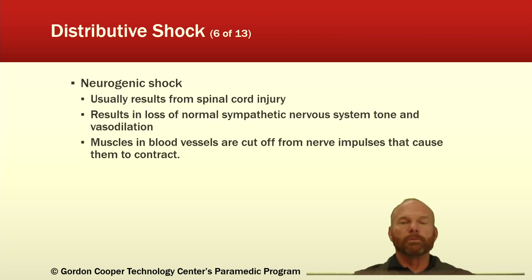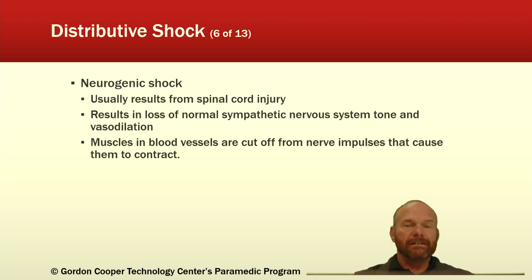So the loss of normal sympathetic nervous system tone leads to some vasodilation, and then the muscle in the walls of the blood vessels are deprived of nerve impulses, preventing that contraction. So all vessels below the level of the spinal injury dilate widely, so they just get blown out, and this dilation causes relative hypovolemia, resulting in hypotension. So relative bradycardia occurs due to disrupted autonomic regulation.